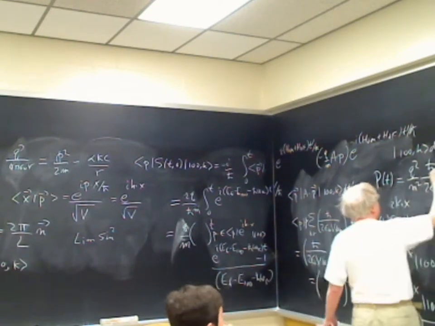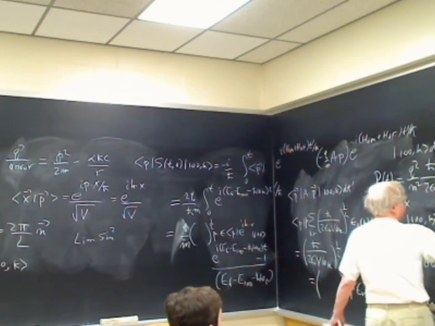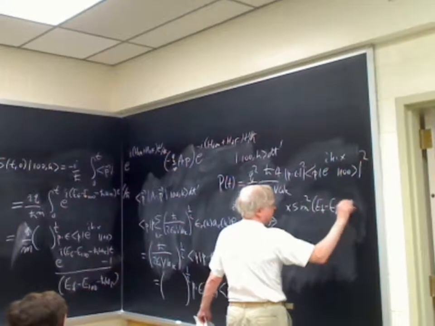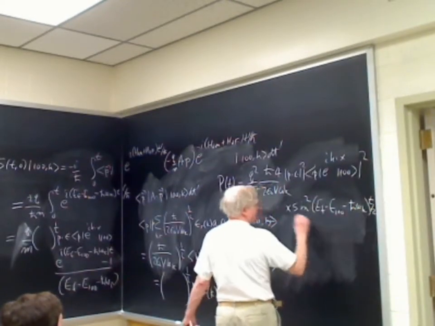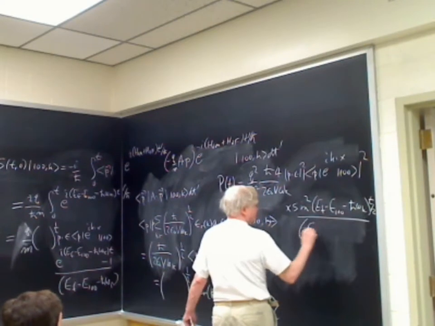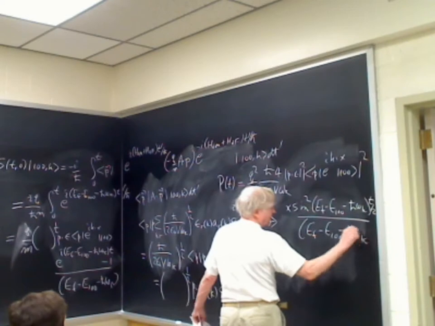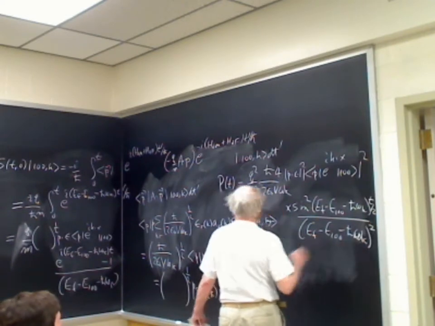And then we have a 4, times sine squared of (E_F minus E_100 minus ħω_k)t over 2, divided by the energy denominator, that's (ħω_k) squared.